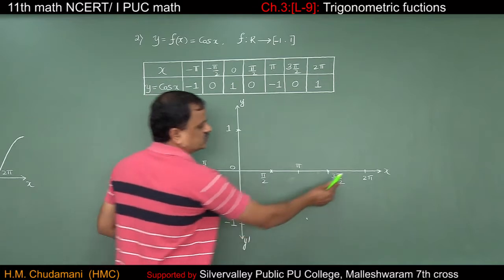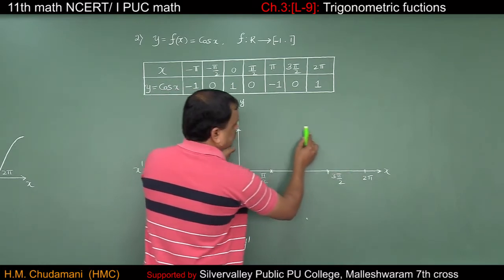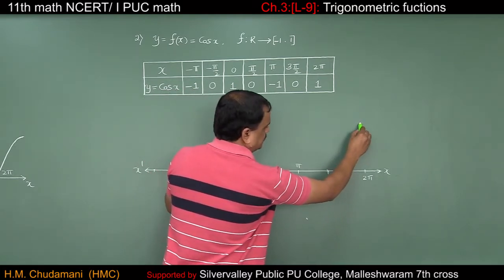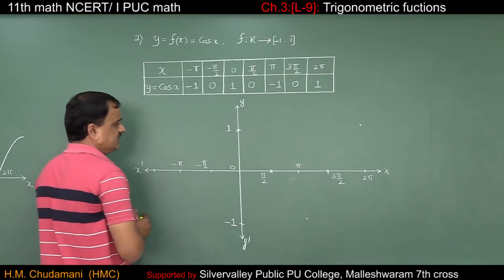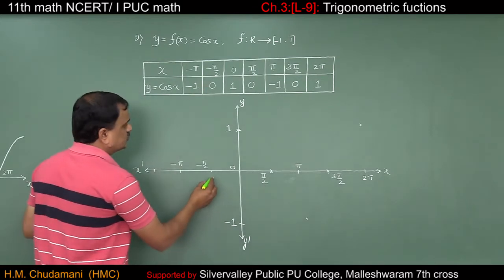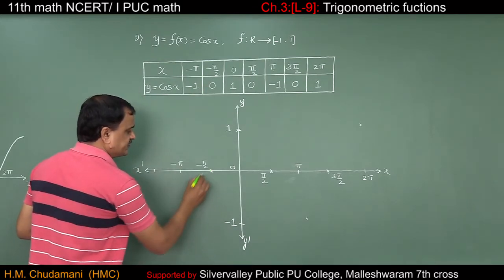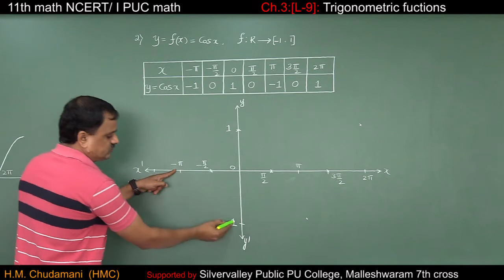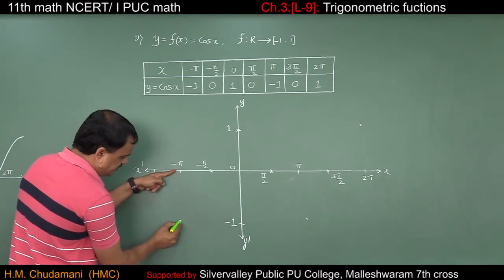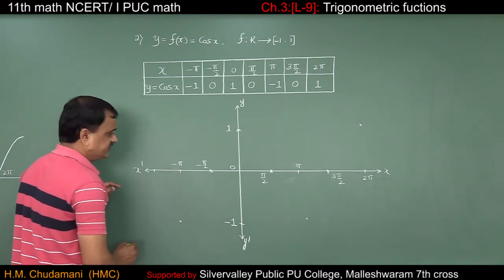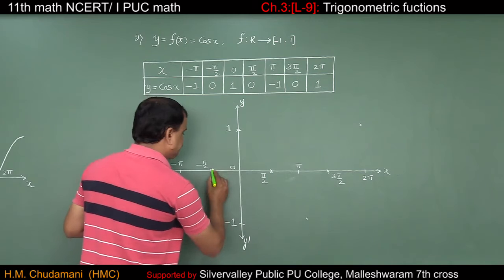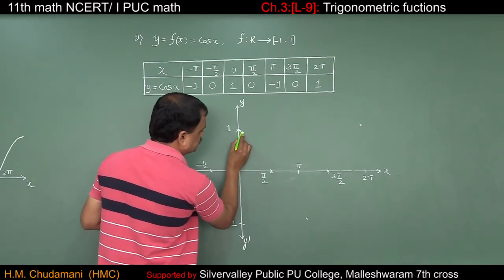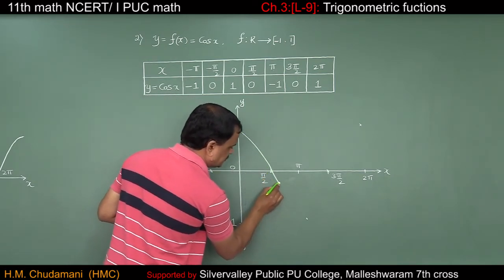When x is equal to 2 pi, it is plus 1, somewhere here. Then when x is equal to minus pi by 2, it is 0. When x equals minus pi, it is minus 1. It is here. Let us join these points.